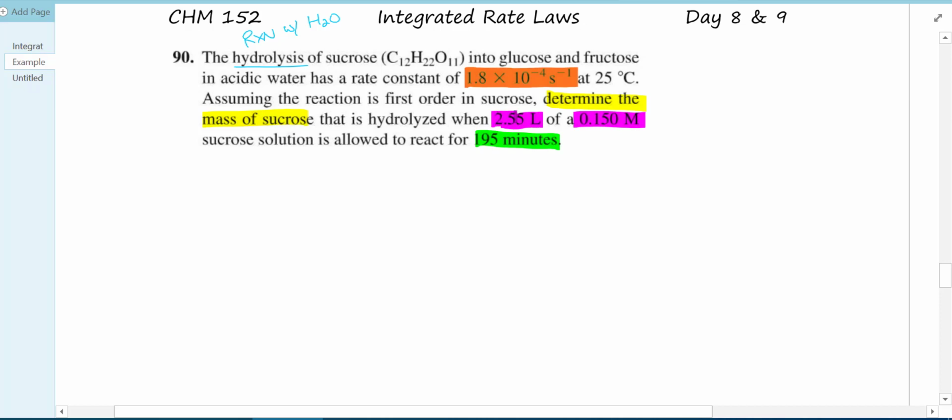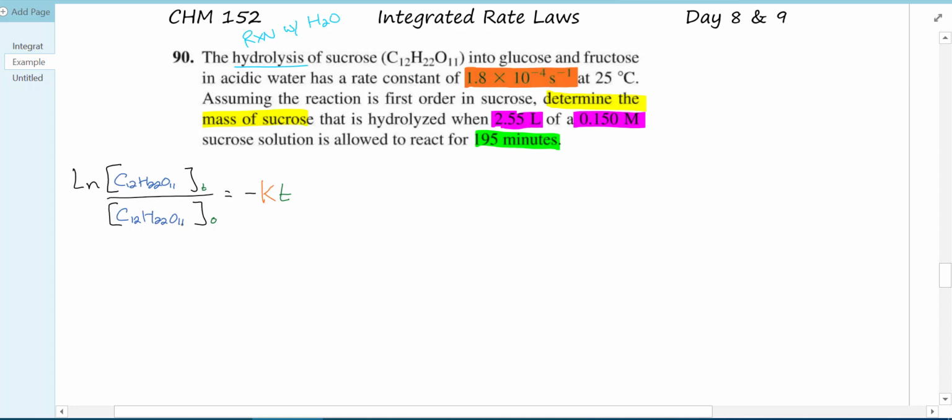Okay, so first order, natural log of sucrose at time t equals negative kt plus natural log of sucrose at time 0, C12H22O11.